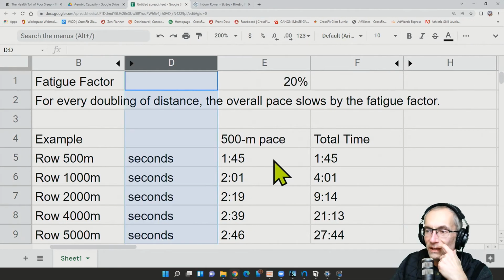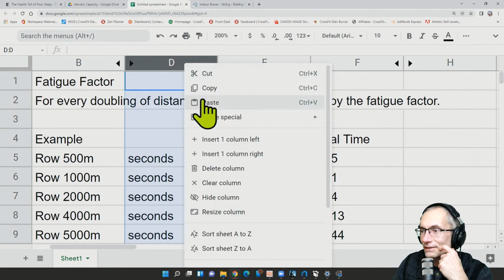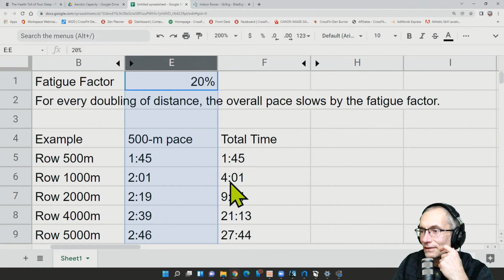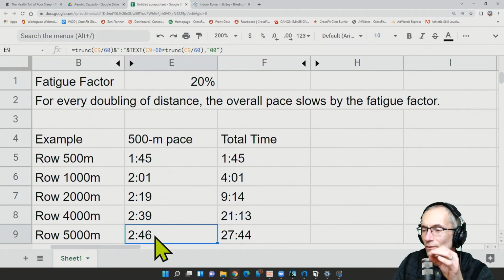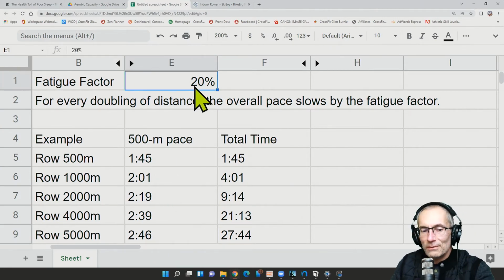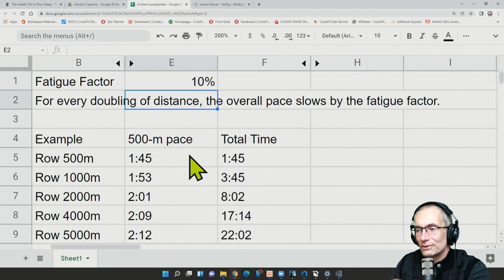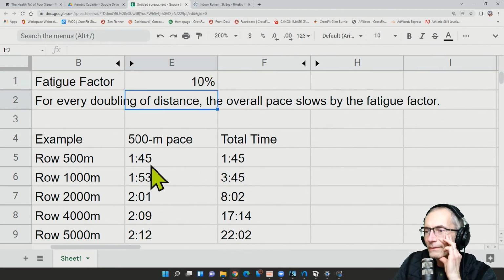Okay, so if I go to a minute and 45 pace, then you can see with that 20% factor, I still have a pace that's over 2 minutes and 45 seconds for a 5,000 meter. Maybe my fatigue factor is closer to 10%. So look at this. If your fastest 500 meter is a minute 45, then your fastest 1K is about a minute 53, for a total time of 3:45.